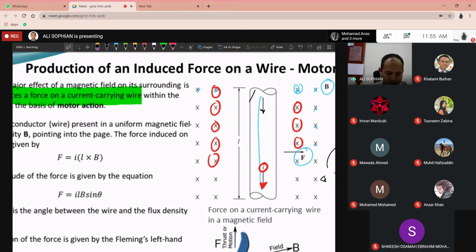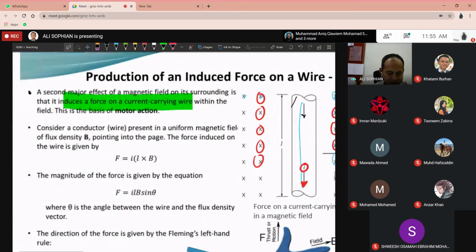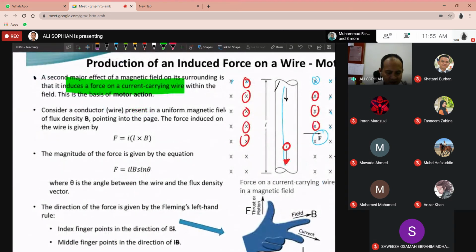Okay. Before we answer that, let's go back to the text first to look at the equation. To calculate the force that is induced, we use this equation: F is equal to I times, in brackets, L cross B. L is the length of the wire, B is the magnetic field density, and I is the current.